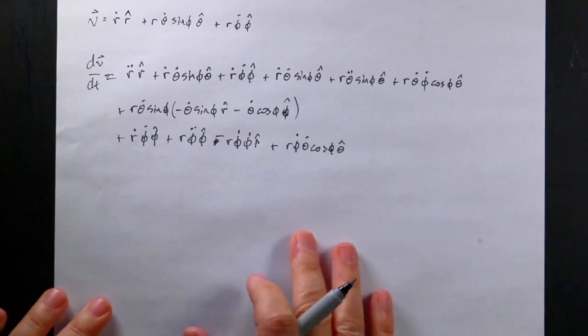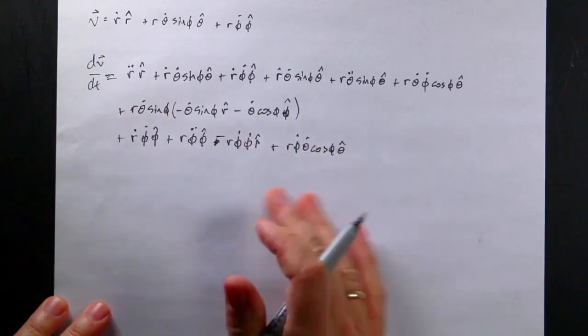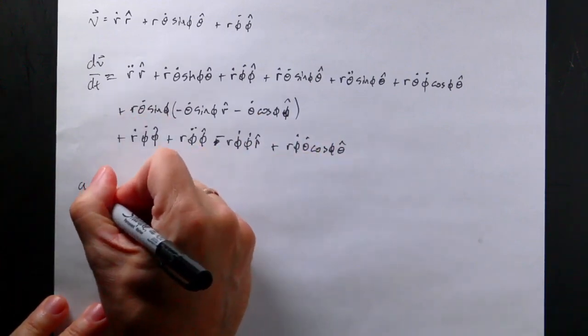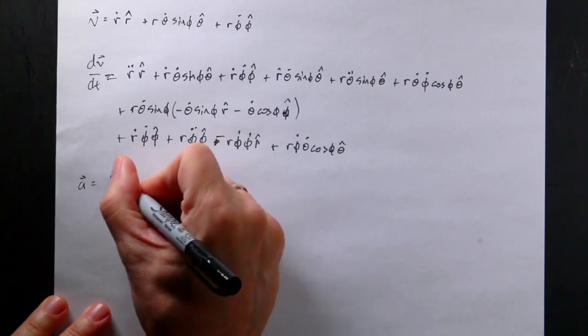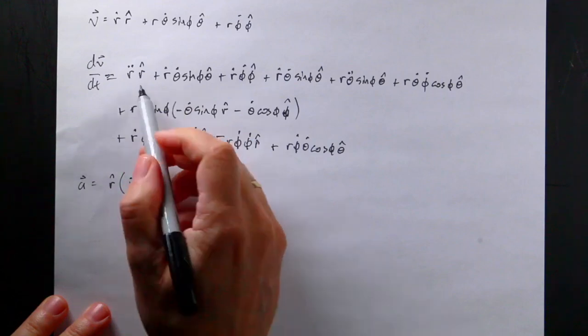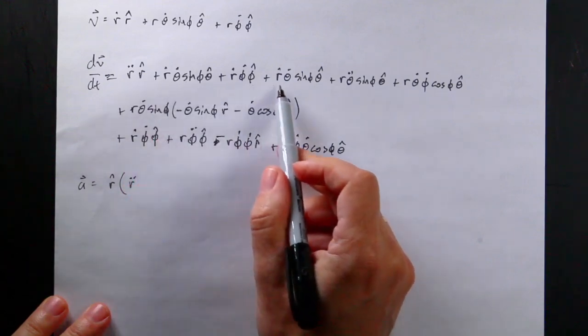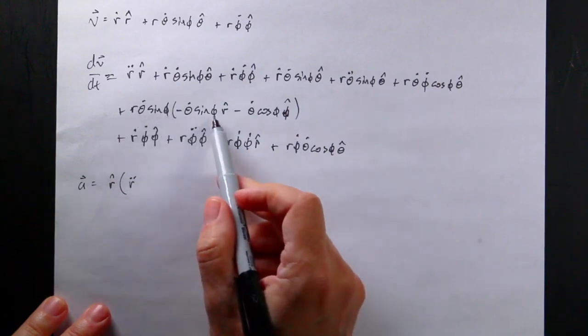But I want to simplify this. So what I want to do is to gather all the r hat terms together, gather all the theta hat terms together, and the phi hat terms together. Let's start with r hat. So I have r double dot. I'm looking for r hats. There's one.